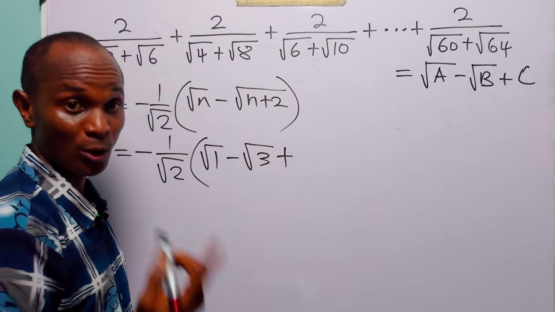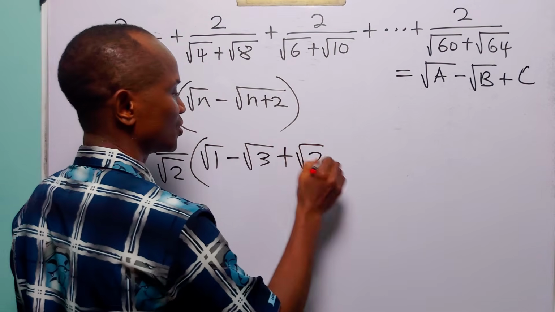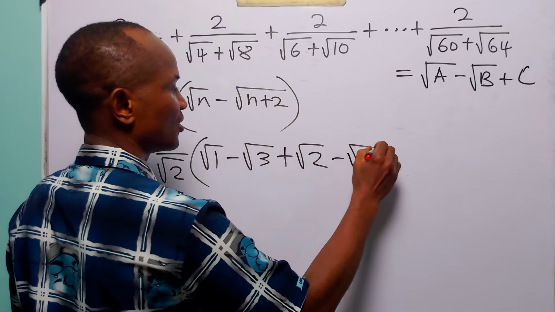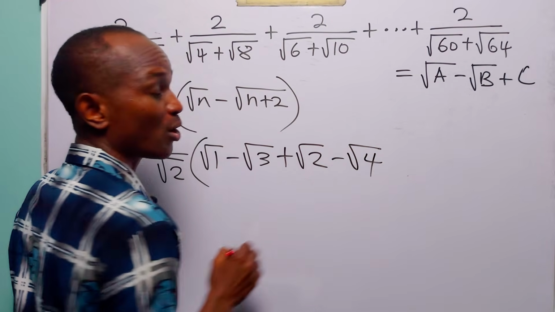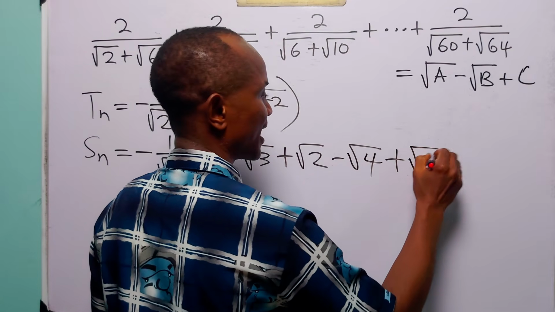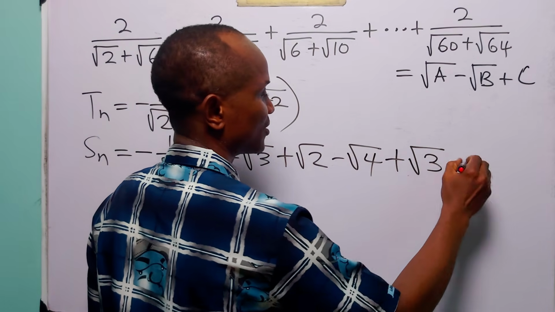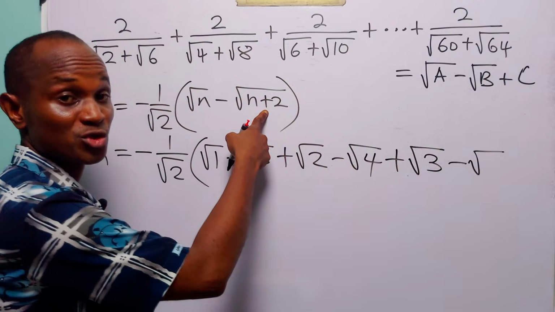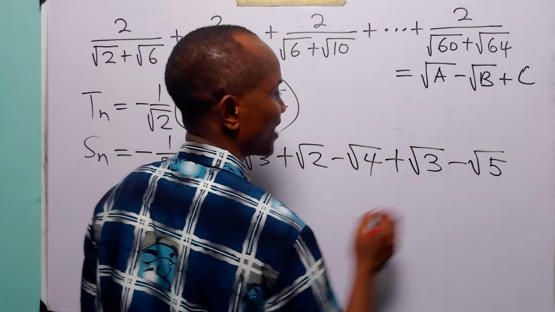When n is equal to 2, we have root 2 minus root 2 plus 2, which is equal to 4. When n is equal to 3, we have root 3 minus root 3 plus 2, which is equal to 5.